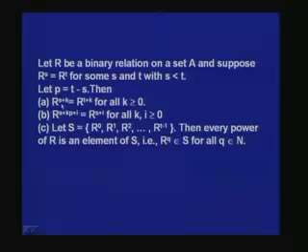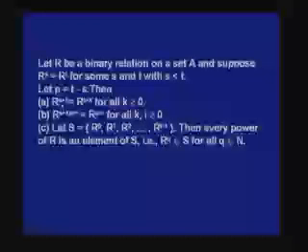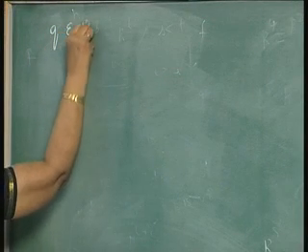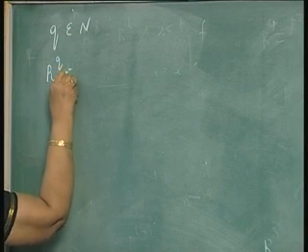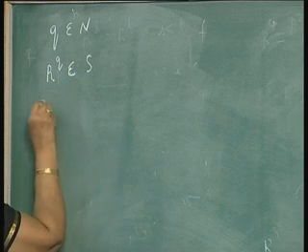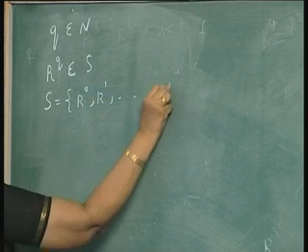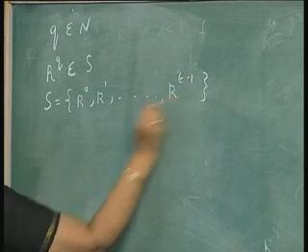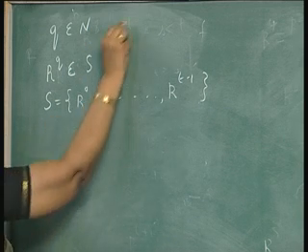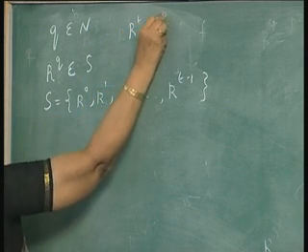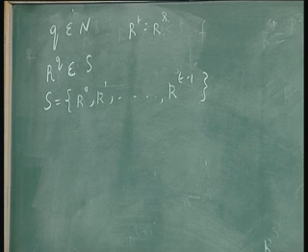Then for any power of r, you can say that r^q belongs to S for all q belonging to N. So, for any q which is a natural number, r^q belongs to S, where S is defined as r^0, r^1 up to r^(t-1). What we already have is r^t is equal to r^s, right? And the previous two results we have already proved.